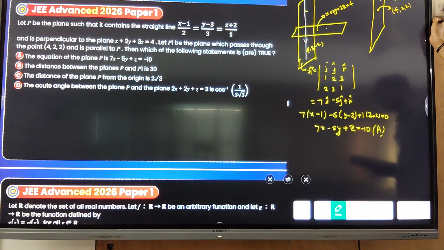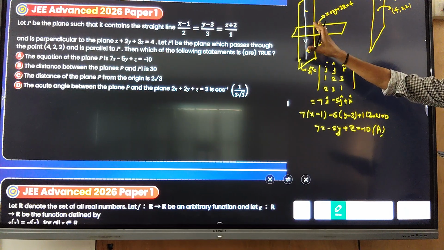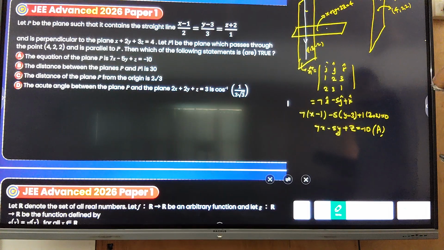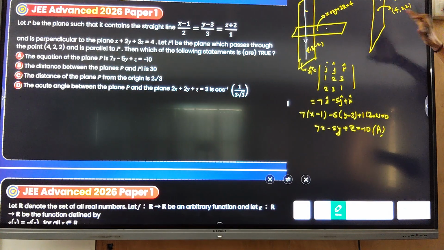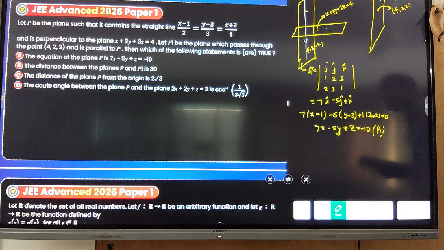Now in option B they are asking the distance between the plane P and P1. So for finding the distance between these two planes P and P1, first we will find the equation of this plane P1. So what will be the equation of this plane P1? This plane P1 is parallel to this plane P. So the equation of this plane P1 only differs by the constant.